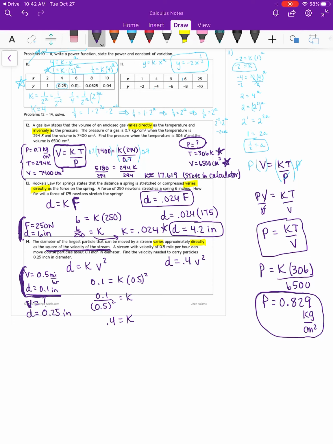And so now you can rewrite it with your k. There's your equation, your main relationship. And you're going to use this, 0.4 times v squared, to solve for v, okay? Because we want to know, well, what if the diameter is 0.25? So the first thing you would do is divide by your 0.4 to isolate your v squared.